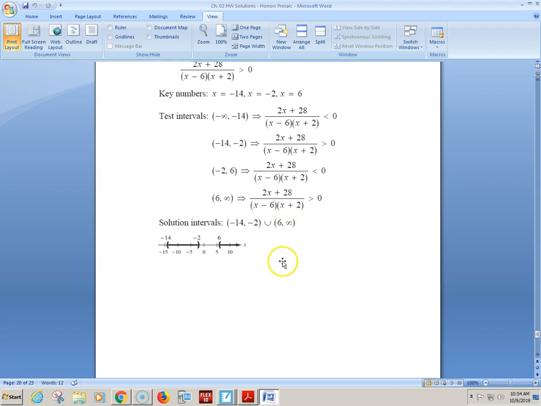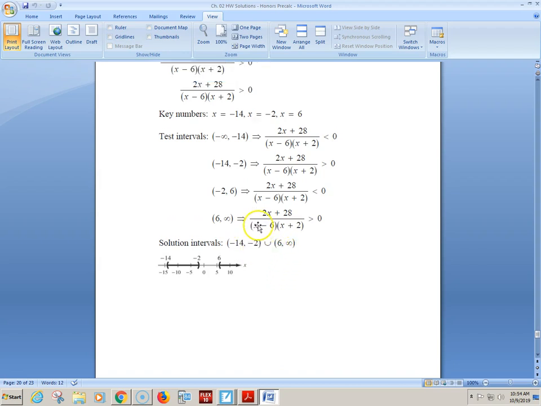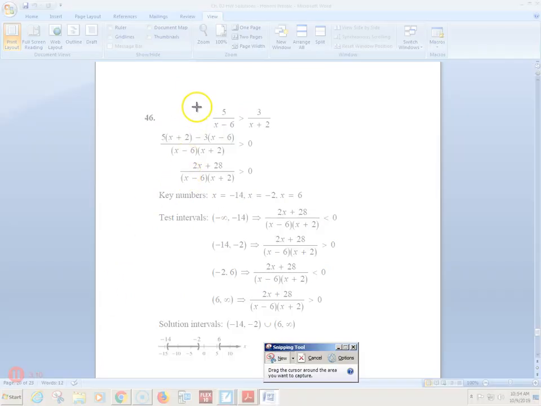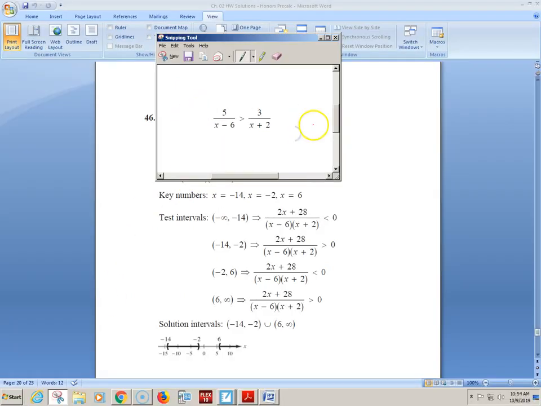Jaden, how did they get to 2x plus 28? Well, remember, they subtracted it to the other side and got common denominators. But you didn't have to do that. You could have done what we did yesterday where you just would have solved. And to solve, you could cross multiply. So you could do 3 times x minus 6 on one side, 5 times x plus 2 on the other side.